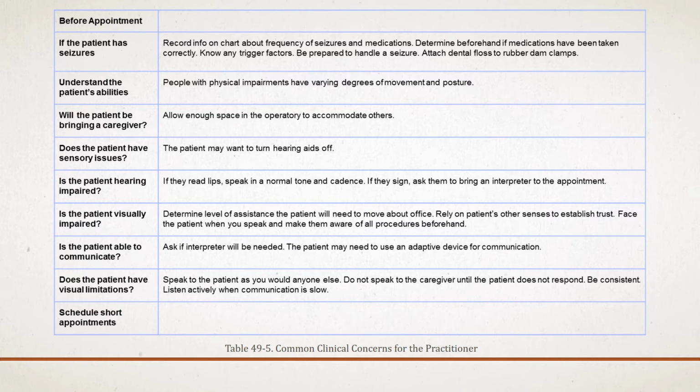Again, the same as you would with the one that is visually impaired. Speak to the patient as you would anyone else. Do not speak to the caregiver until the patient does not respond. Be consistent. Listen actively when communication is slow. You may have to stop and listen carefully. Schedule short appointments.